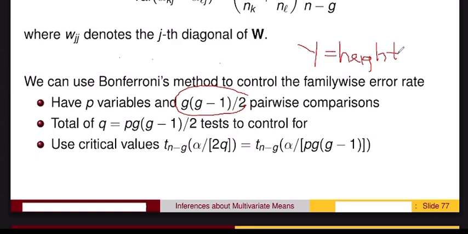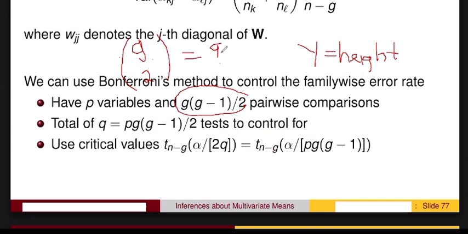Now, it means if I have three groups and I want to know where the difference lies, I'm going to compare the groups two at a time. What is the possible number of comparisons I am likely going to have? It is G into G minus 1 over 2. How do you think they derive that formula? It is G combination 2. How many ways can I select 2 out of G groups?